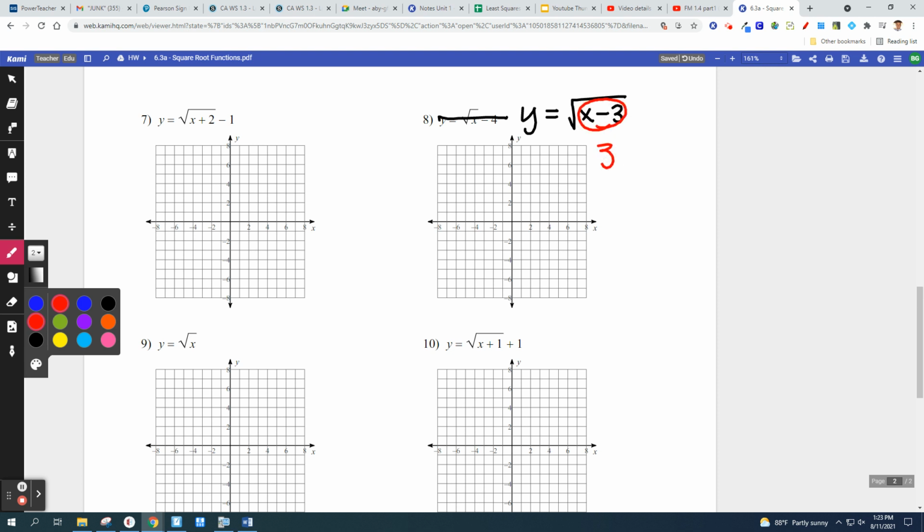Well, that's just 3. If that's 0, all that falls out. Square root of 0 is 0. Y equals 0. And so your vertex is this point 3, 0 right there. Right 3, up 0. Over 1, over 3, out of room, draw your eyebrow.